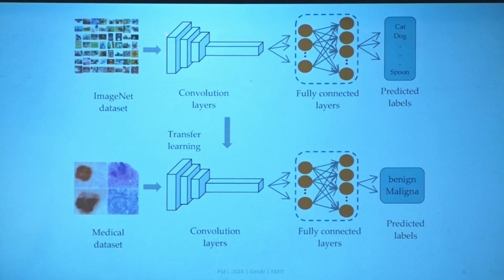So here is the model: the knowledge that you gained on classifying 1000 labels has been used to classify a two-label data set.